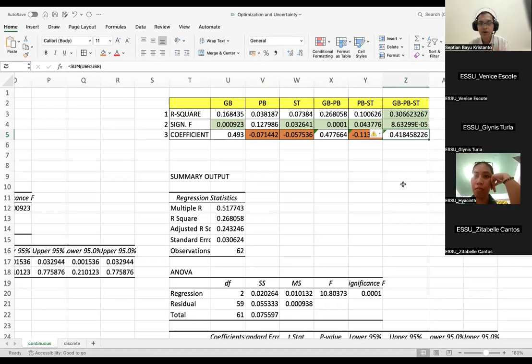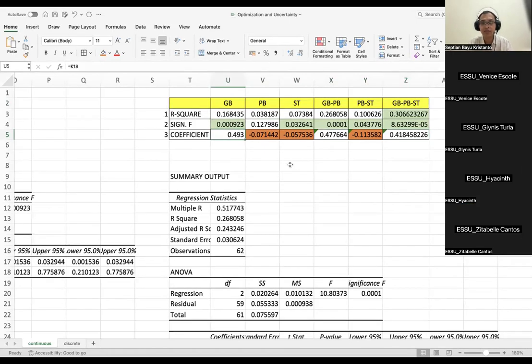You can think about any kind of preference. If you want the highest profit, you can choose the government bonds only, because it's the highest one, 49%. The second one is the combination of government bonds and private bonds.